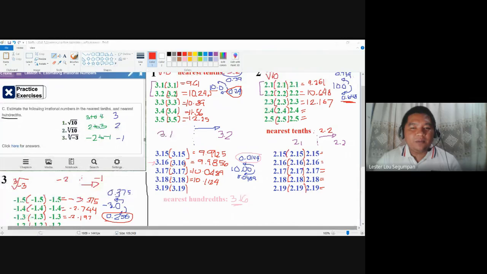So we are going to find the product. For 2.15, we have here the answer. Let me use red. The answer is 9.938375.